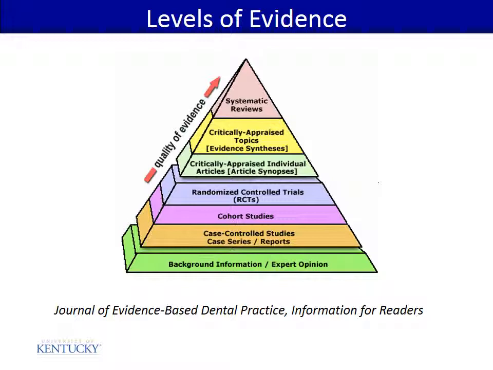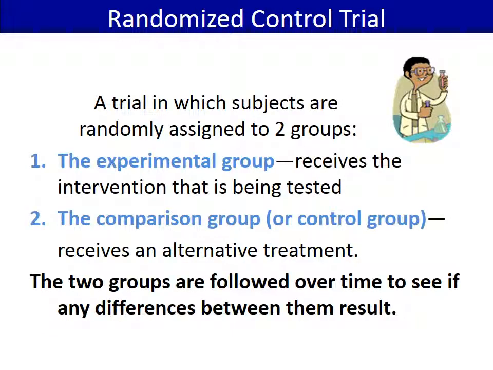So there are varying levels of evidence, and we really rely heavily in dentistry on the results of randomized controlled clinical trials. Some of the best evidence we can get is by looking at the results of these types of trials.